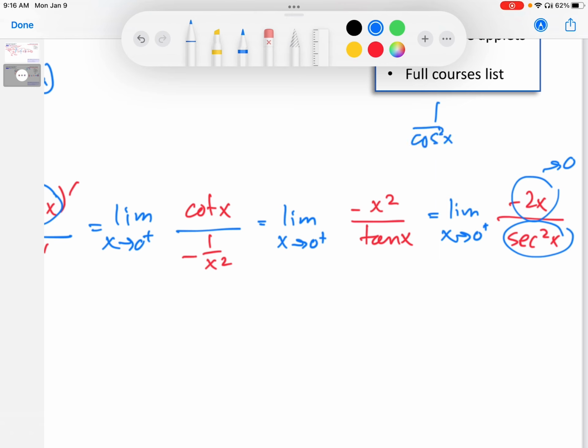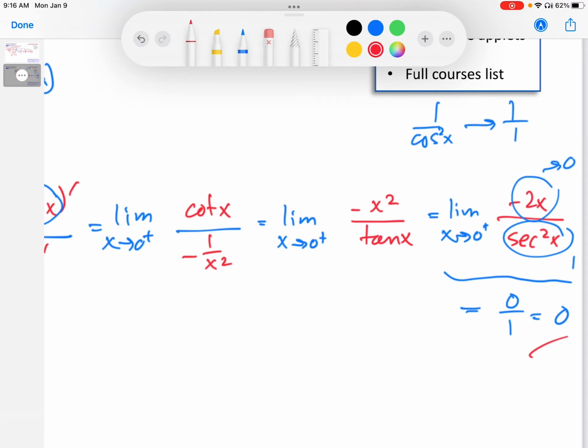So secant squared is 1 over cosine squared. And as x goes to 0, this goes to 1 over cosine of 0, which is 1. So the denominator goes to 1. So, aha, I get a number. So this whole limit equals 0 over 1 equals 0. Great. So I don't have to apply L'Hopital's rule again.